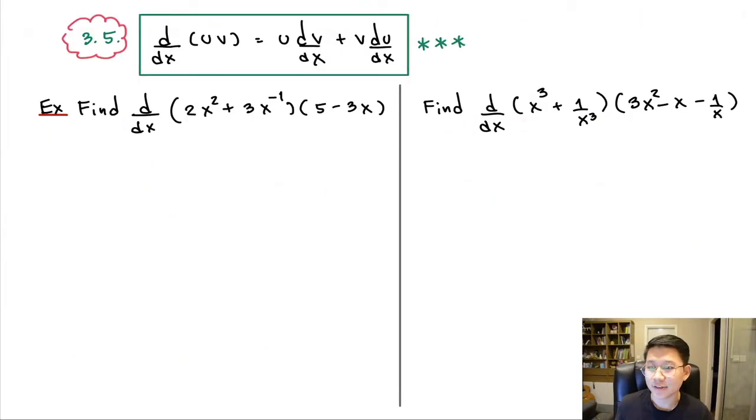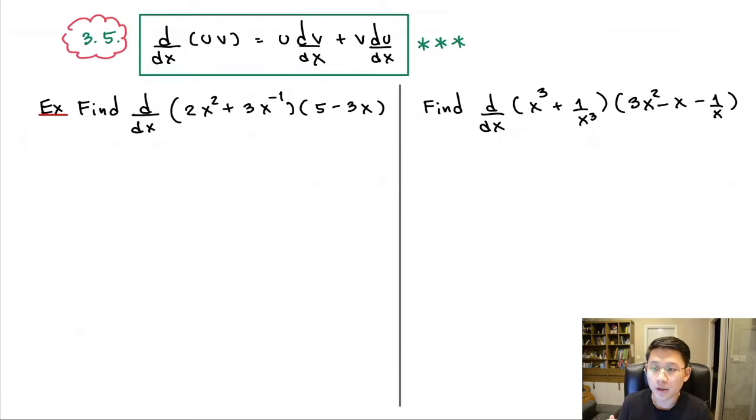Okay, the next property is the product rule. So basically, if you have the multiplication of two functions, u and v, the derivative of uv is u times the derivative of v plus v times the derivative of u. It's pretty long, right? The rule here.